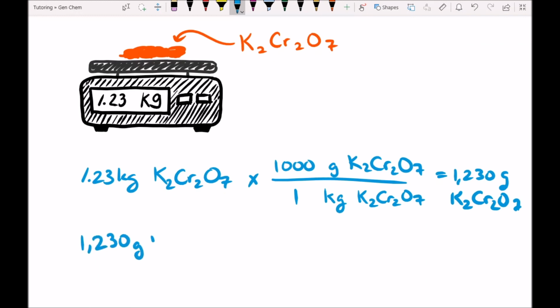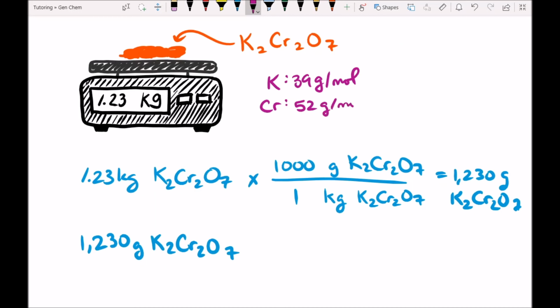So 1,230 grams potassium dichromate. We need to multiply that by our conversion factor, which is the molar mass. So the molar mass of this, so potassium, 39 grams per mole, straight from the periodic table. Chromium has a molar mass of 52 grams per mole. And oxygen, we saw, has 16 grams per mole.